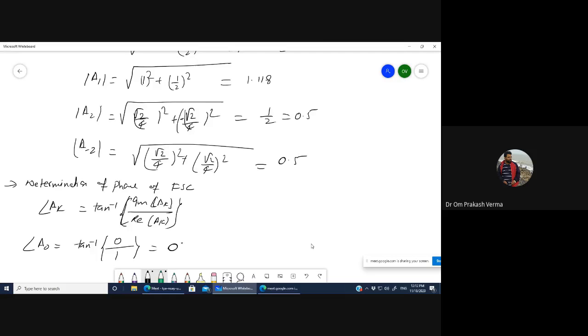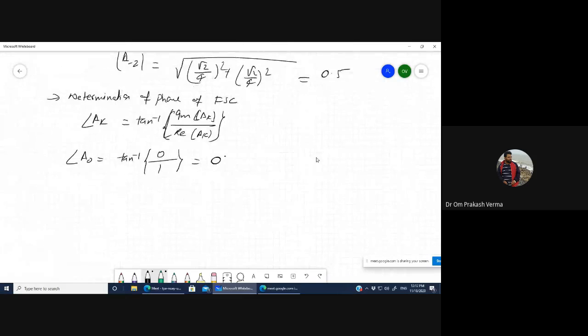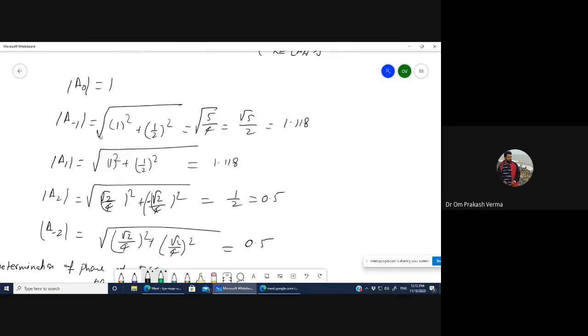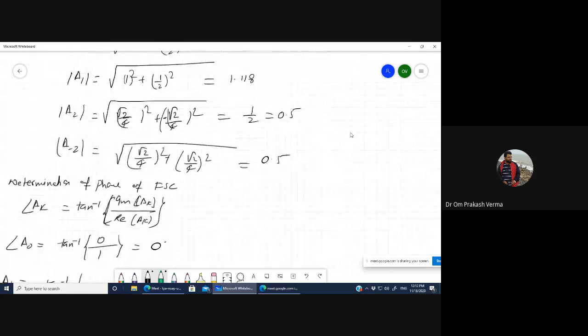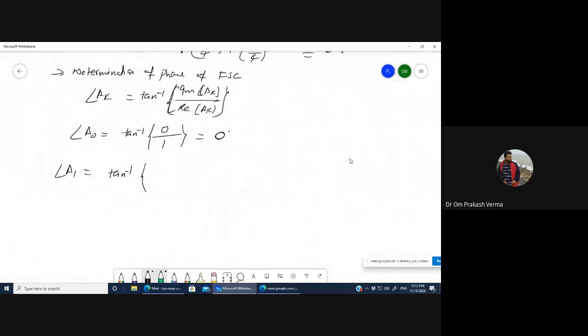For A1, the imaginary part is 1 by 2 and the real part is 1, so 1 by 2 by 1. It will give tan inverse 0.5, which is approximately 26.565 degrees.